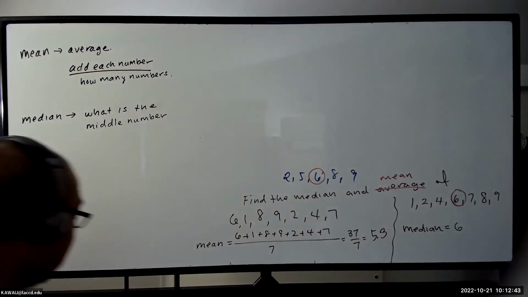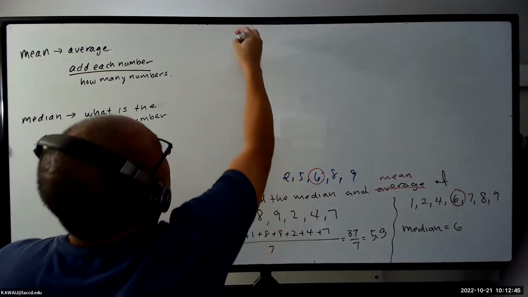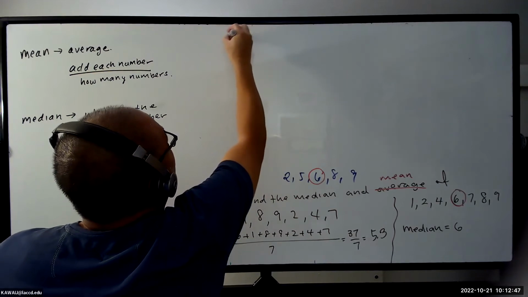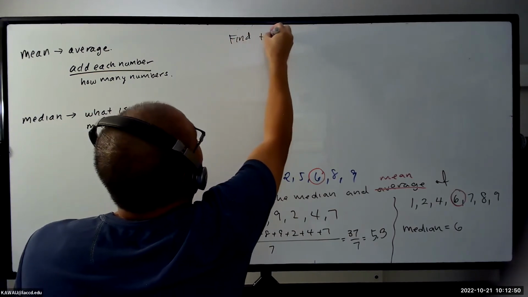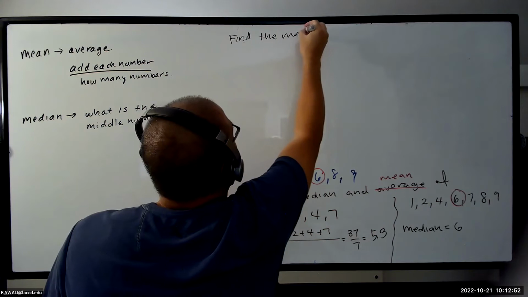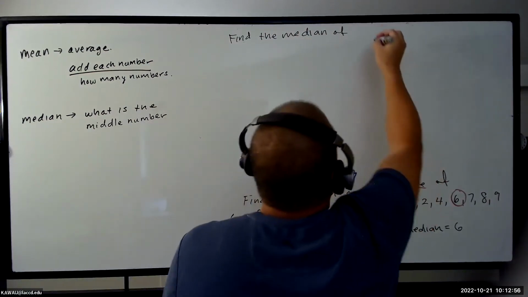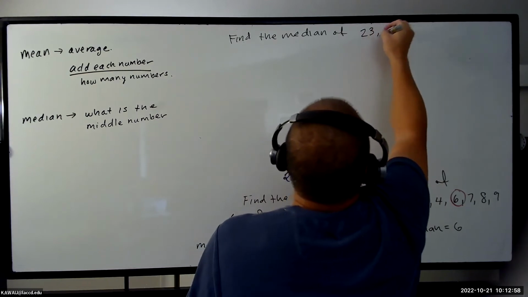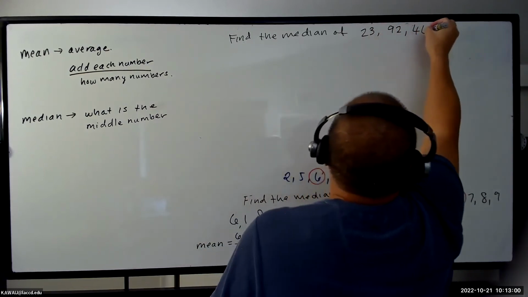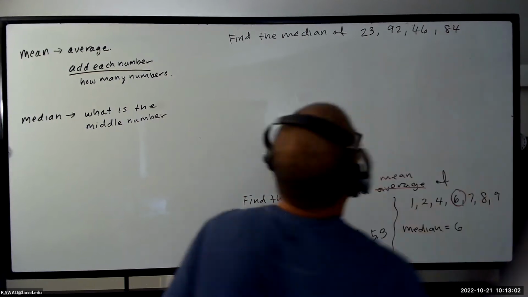So let's say I give you something like this. Find the median of 23, 92, 46, 84.